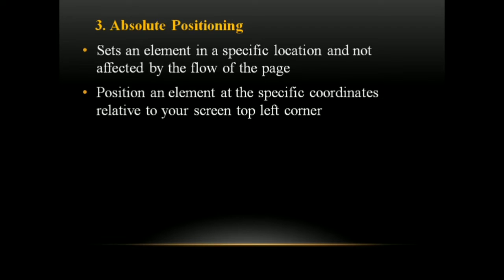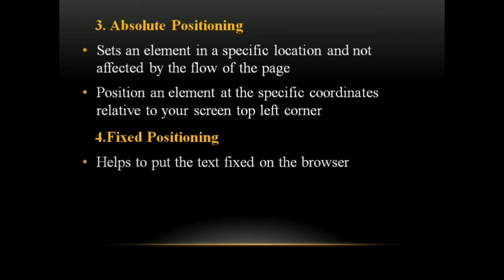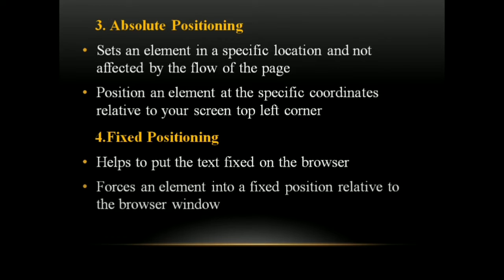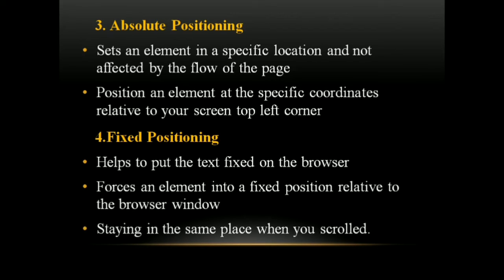Next, fixed positioning. It is very similar to absolute positioning. The property helps to fix the text on the browser. The fixed property forces an element into a fixed position relative to the browser window. It stays in the same place. The fixed elements will not move even when the page is scrolled.